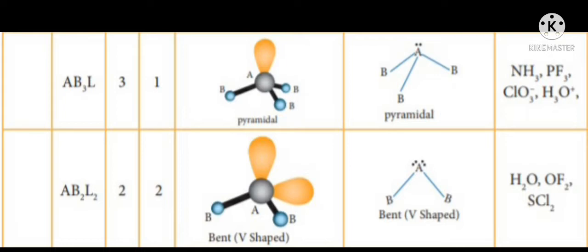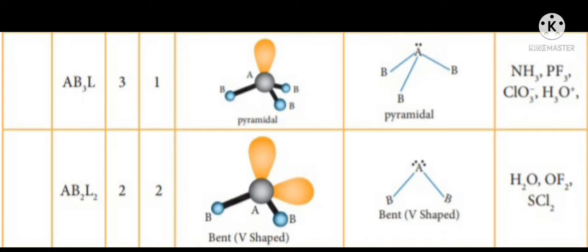Again, let me discuss number of electron pairs equal to 4. Here, the molecule with the formula AB2L2. It contains 2 bond pair electrons and 2 lone pair electrons. This molecule contains 2 AB bonds and 2 lone pair electrons on the central atom A. Due to the presence of 2 lone pair electrons, the shape of the AB2L2 molecule is bent or V-shaped.